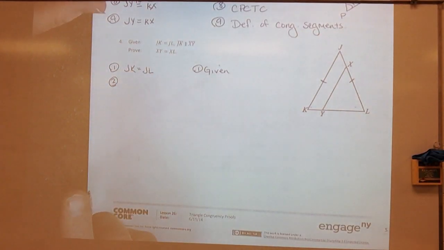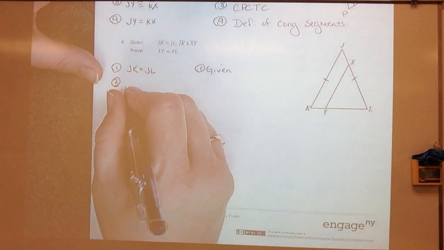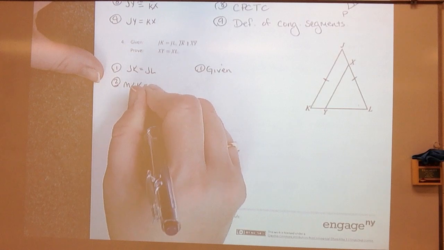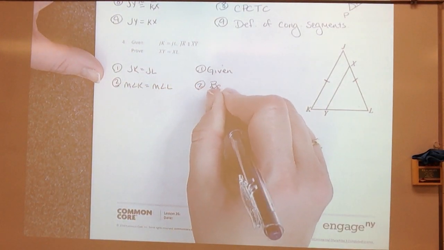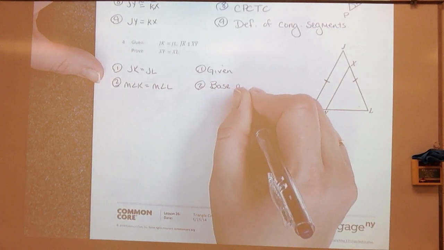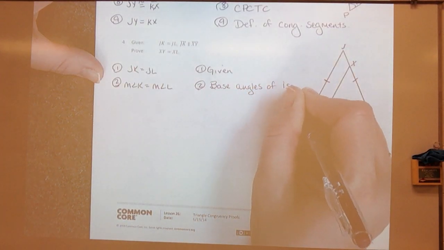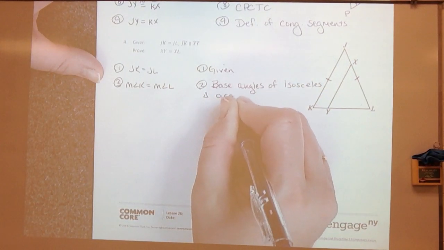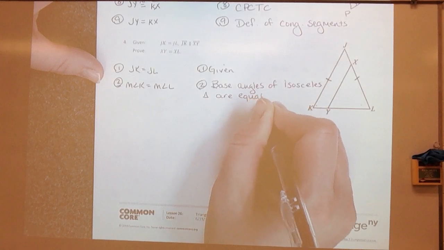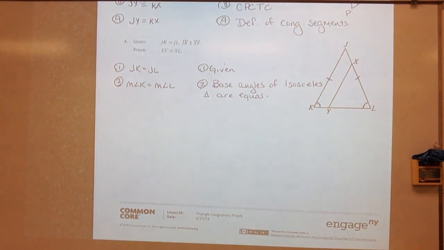So, the measure of angle K is equal to the measure of angle L, because the base angles of an isosceles triangle are equal. So now look at this. I've got congruent angles now.